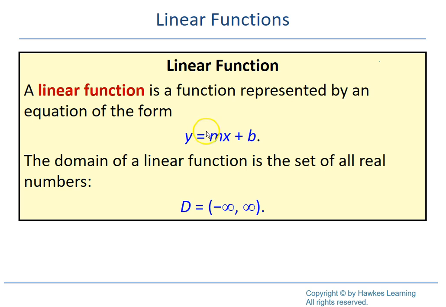The only one that's not a function is the vertical line itself. X equals A would not be a function. It wouldn't pass the vertical line test. Now, generally, all those lines that I just talked about, except for the vertical line, the domain is from negative infinity to positive infinity.